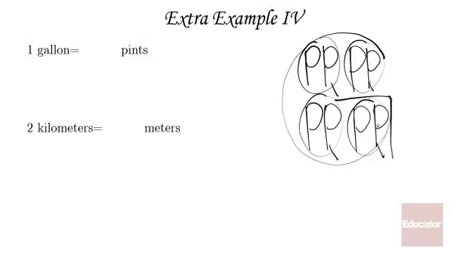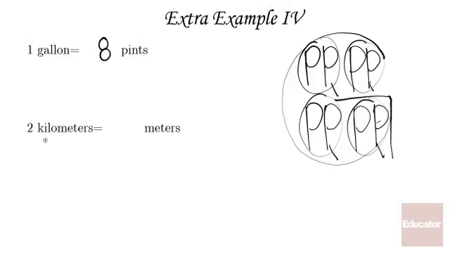Since I'm only going up to pints, I'm not using cups, so I don't have to draw the C's in there. So within 1 G, how many P's do I see? I see 1, 2, 3, 4, 5, 6, 7, 8. So in 1 gallon, there are 8 pints.